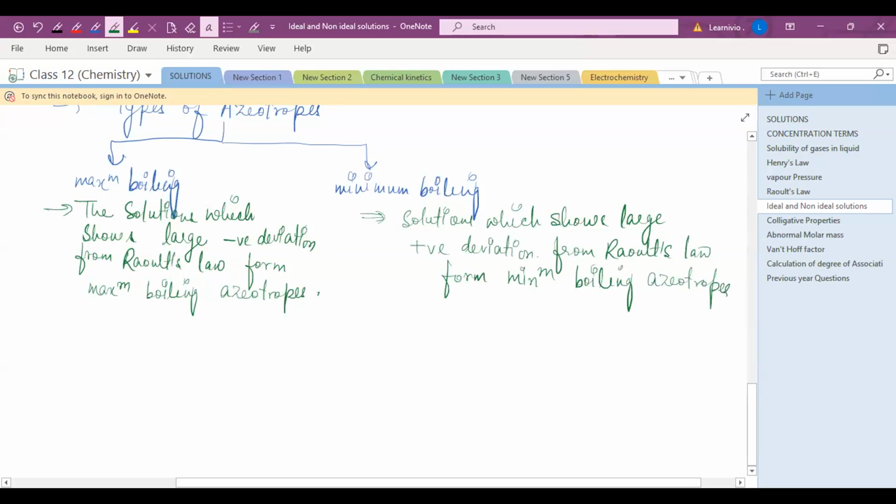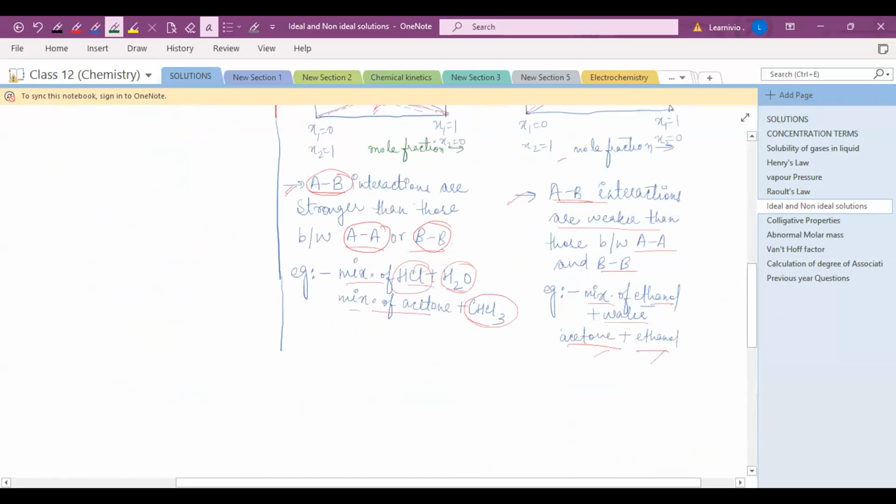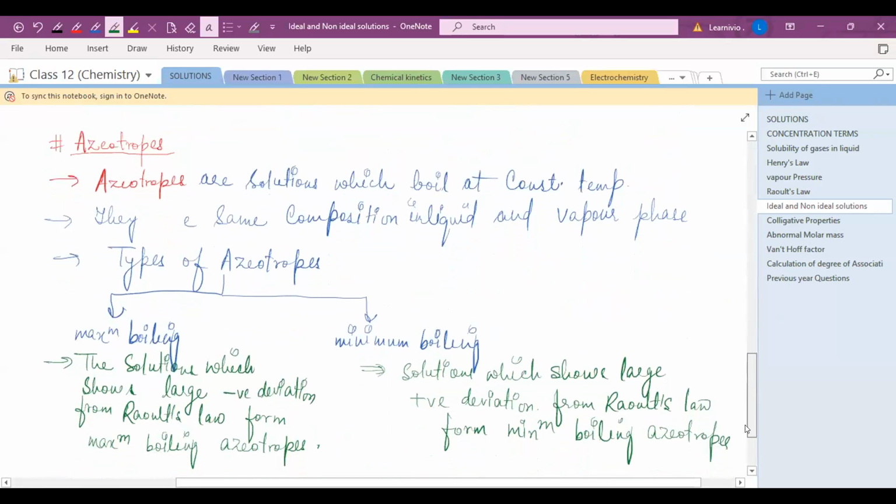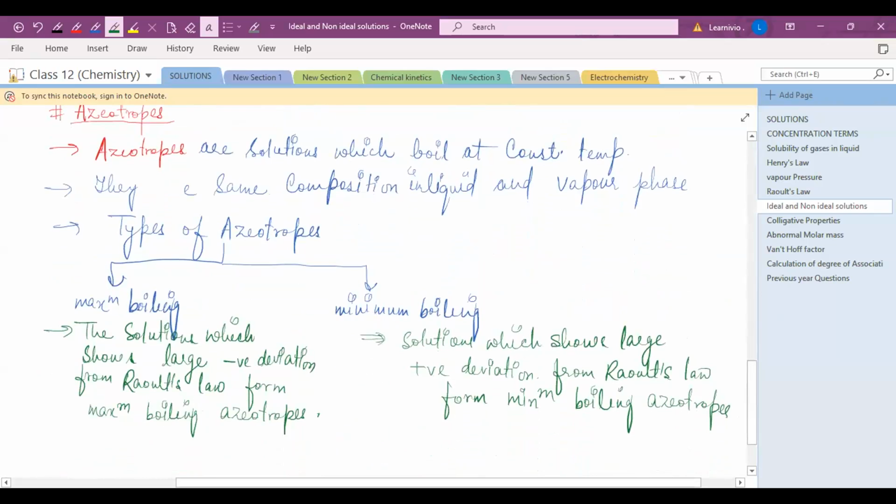Okay, and the examples are similar to your negative deviation example and positive deviation example. The HCl and water solution will form the maximum boiling azeotropes, right?